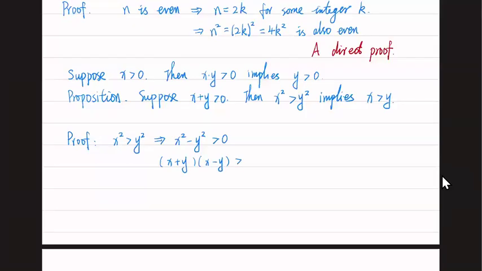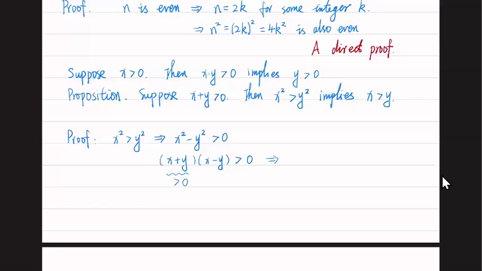So we know this is positive. Okay. Now let's see what we have now. But this product with the condition is x plus y is positive. So we know this is positive. Then by the previous fact, this implies the second factor is also positive.